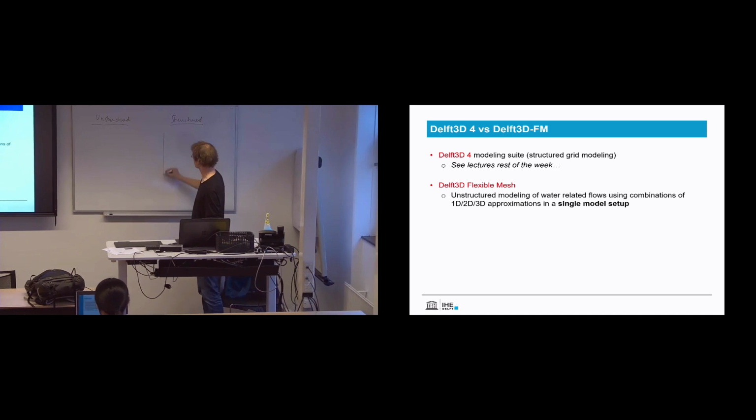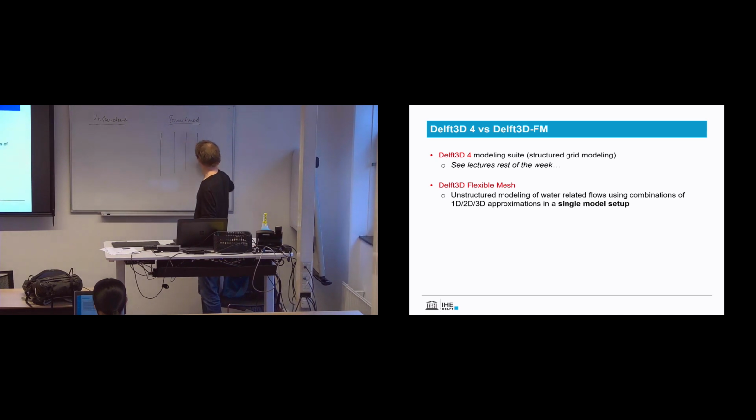If you have a structured grid, every grid cell has a row number and a column number, so every single cell has an n and m coordinate. You also saw that when you did a refinement in RGFGRID, you could set a refinement factor in n and in m. Well, that relates to this.